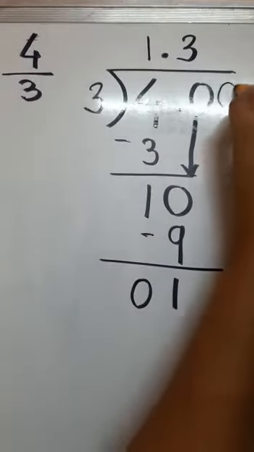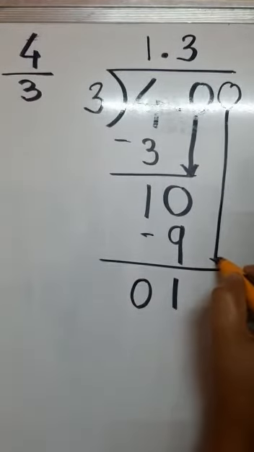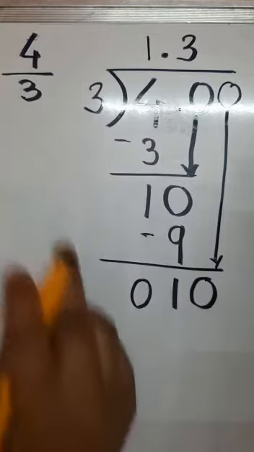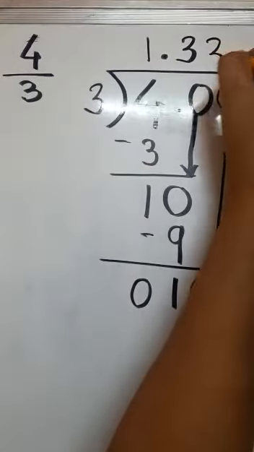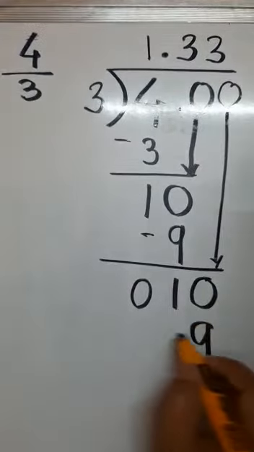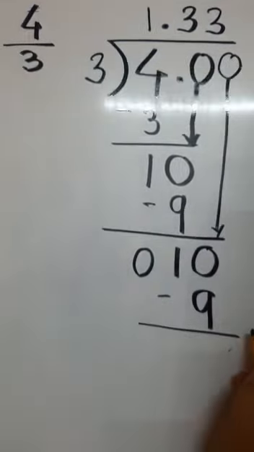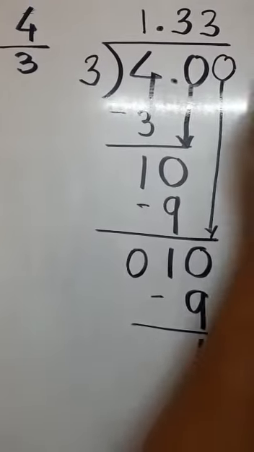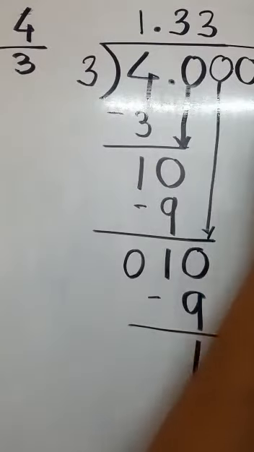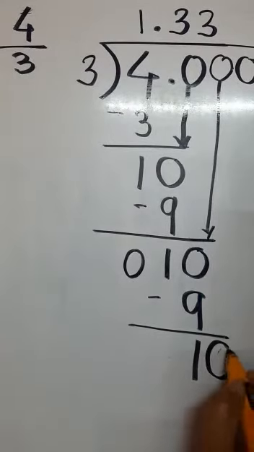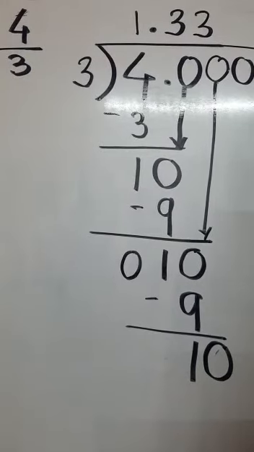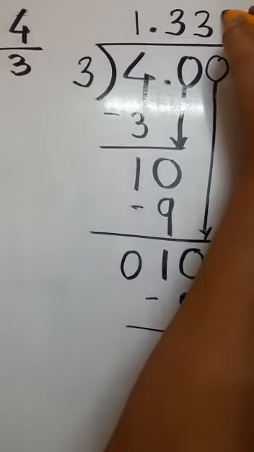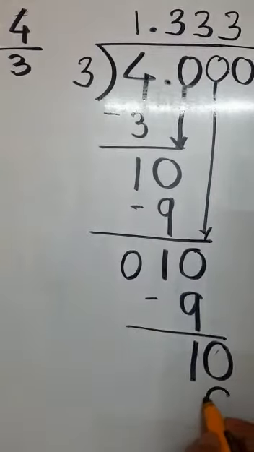So again you have to take one more 0, so that 0 will come down. Again 3 how much are? 3 3s are 9. Again after subtracting this we will get the remainder as 1. So we will take one more 0 over here. Again we will get 10. Then what will we do next? 3 3s are 9.